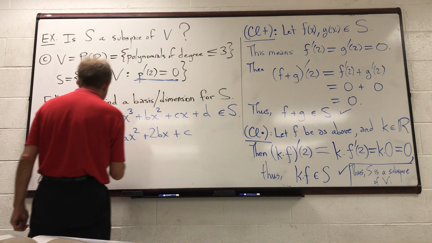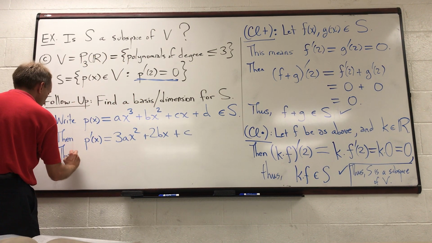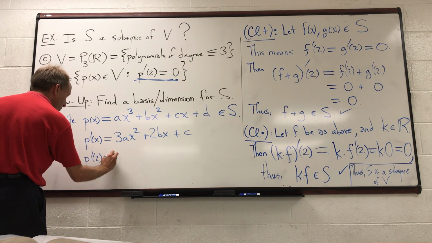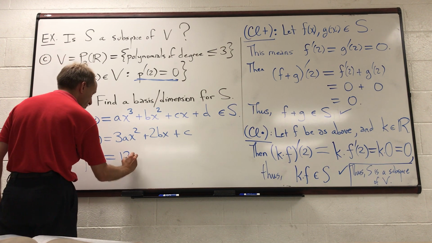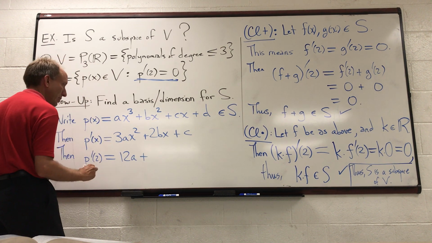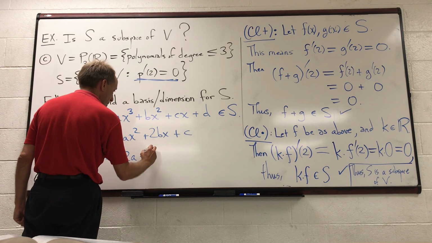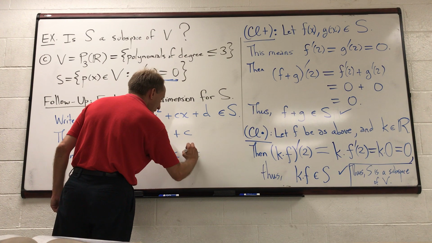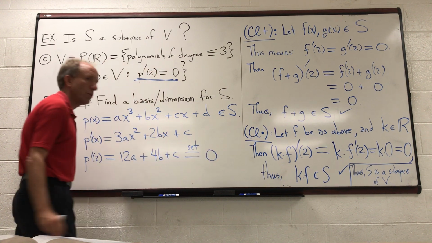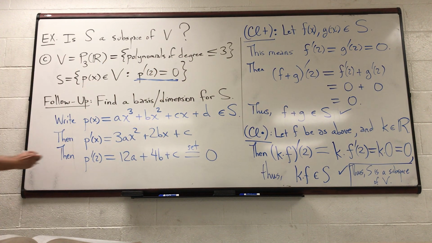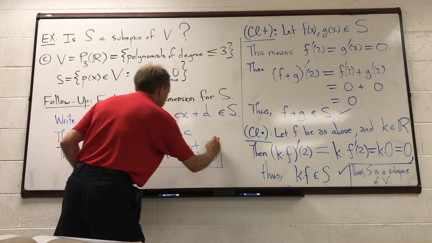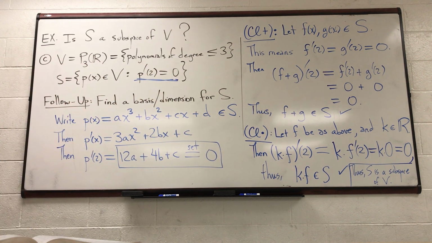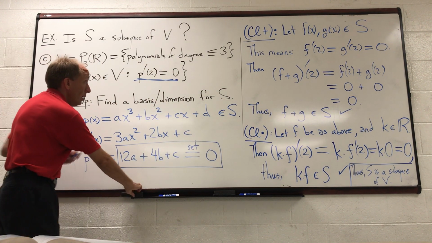And then I'm going to evaluate that at 2. So p prime of 2 is going to give me 12a plus 4b plus c, and that is going to have to be equal to 0. So 12a plus 4b plus c equals 0.